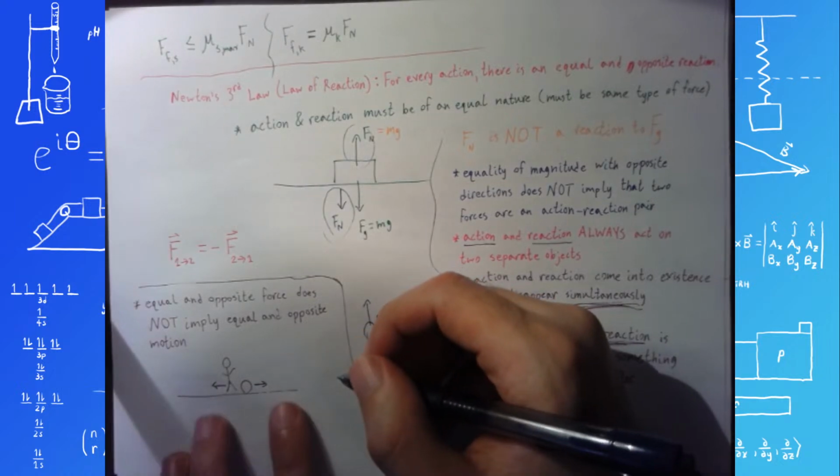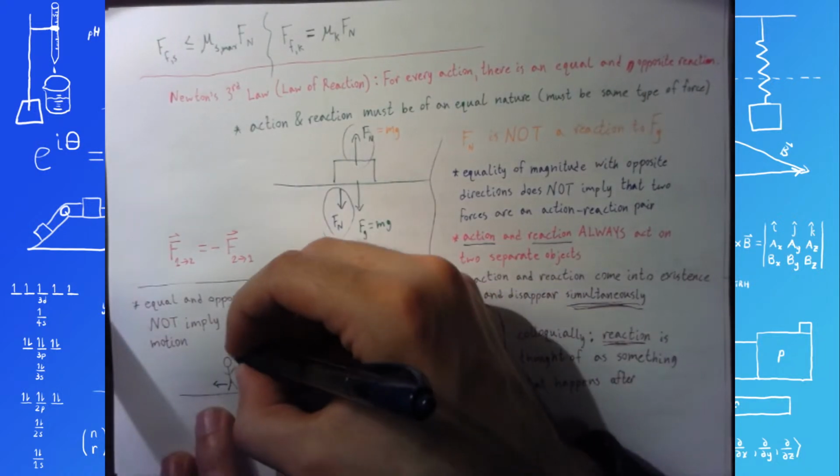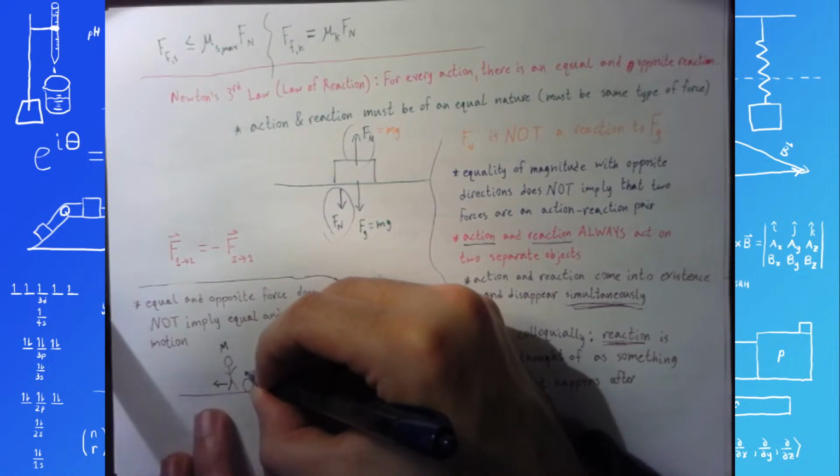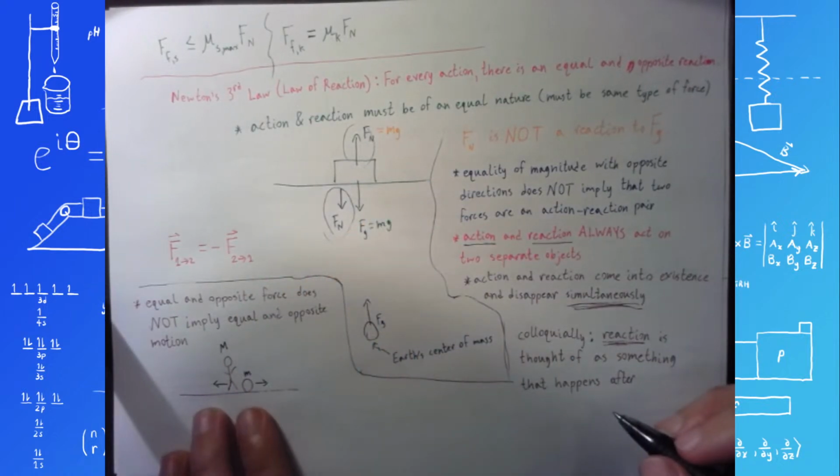First thing, if these forces are equal, the masses are not equal. The mass of this soccer player is significantly greater than the mass of this soccer ball.